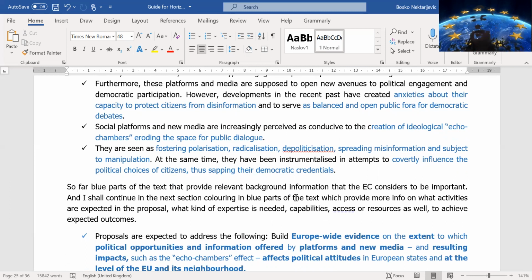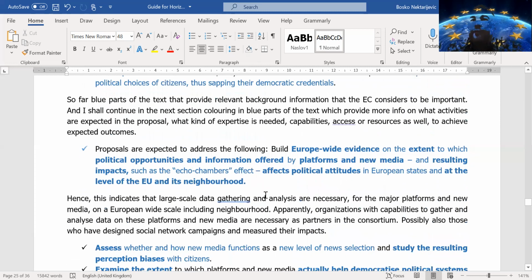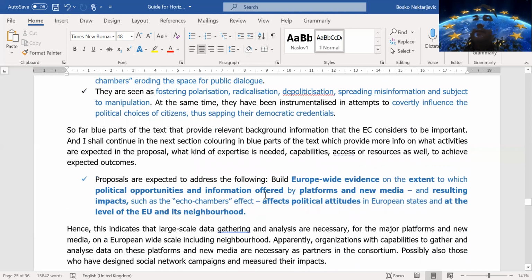At the same time, they have been instrumentalized in attempts to covertly influence the political choices of citizens, thus shaping their democratic credentials. So you can see so far the blue parts of the text provide relevant background information that the EC considers to be important. And I shall continue now in the next section, reading the scope, coloring again blue parts, which will provide you more information about activities.